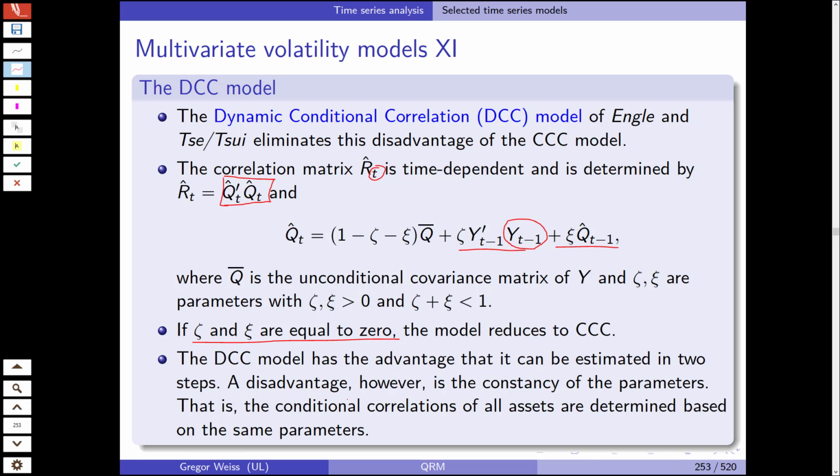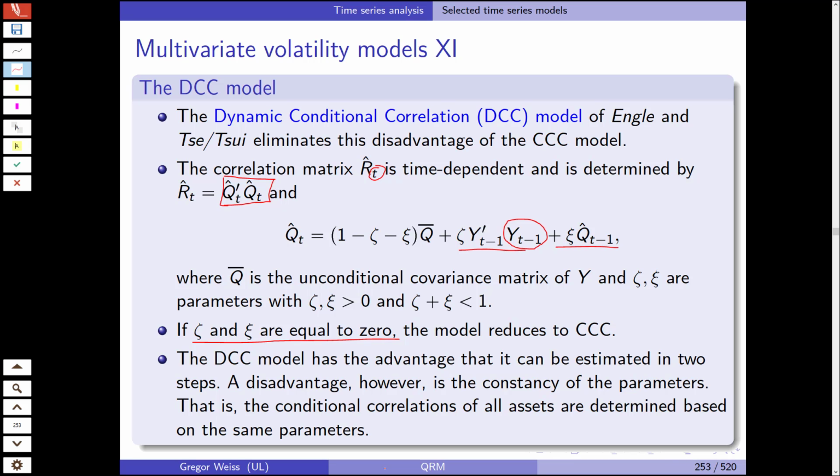So the DCC model definitely has the advantage that it can be estimated in 2 steps. It includes conditional correlations. Correlations can now be time dependent. They don't have to be constant over time. The disadvantage is, again, the constancy of the parameters. That is, the conditional correlations of all assets are determined based on the same parameters.